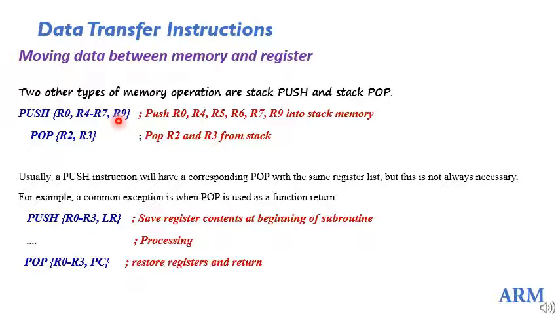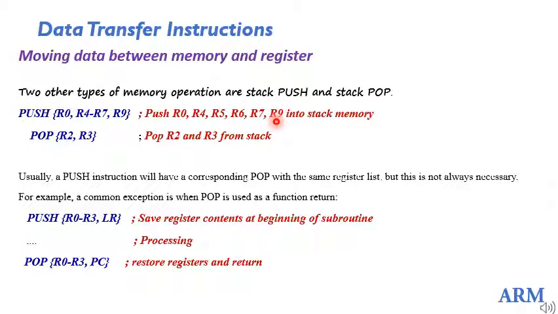So here R0 will be pushed, R4 to R7 means starting from R4 till R7 in sequence, that is R4, R5, R6 and R7. All these 4 registers are pushed onto the stack, comma R9.